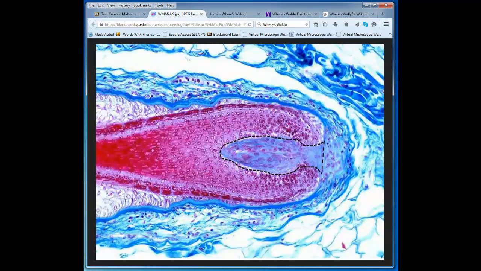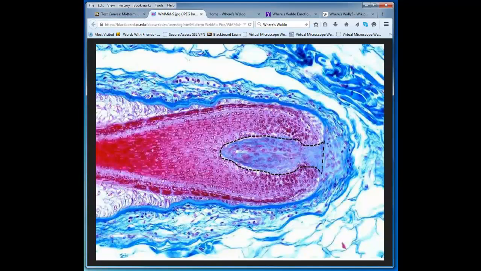This question presented a hair bulb, the root area of the hair, and it outlined here the hair papilla. And that's just what we asked about. What is the name of the component of the hair follicle that is contained within the dashed line?